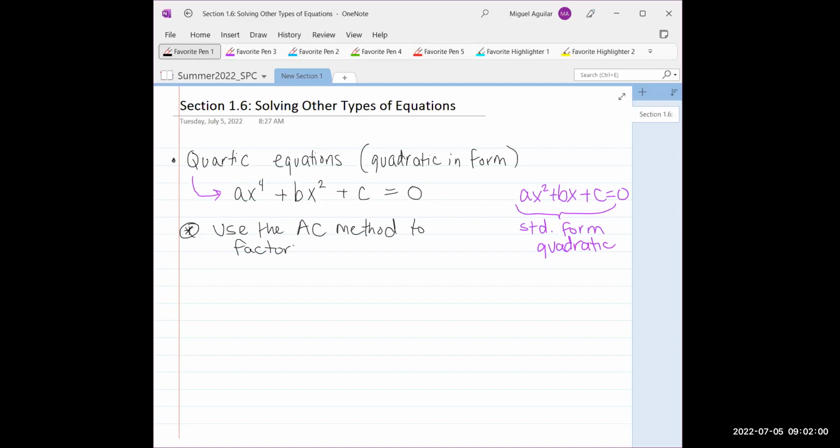I'm fairly certain that in this section and in the homework, you will not see one of these problems that is not factorable. Now, I mentioned that this is a 4th degree equation, and what that means is that you will have at most 4 solutions.